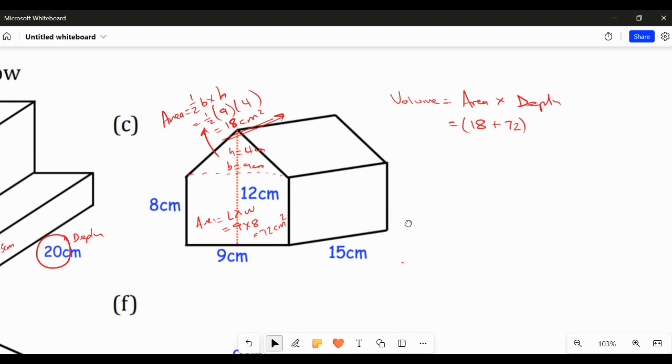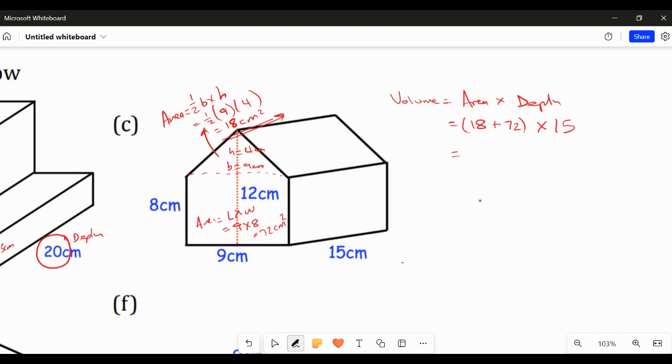And then we're multiplying it by the depth. So that's going to be this value over here, and that's going to be 15.